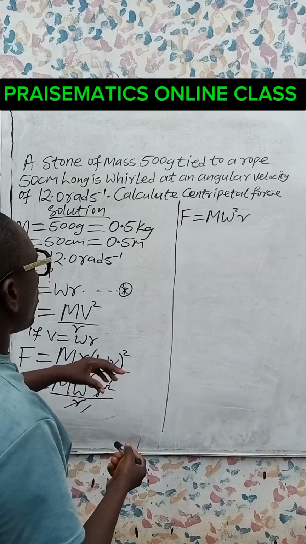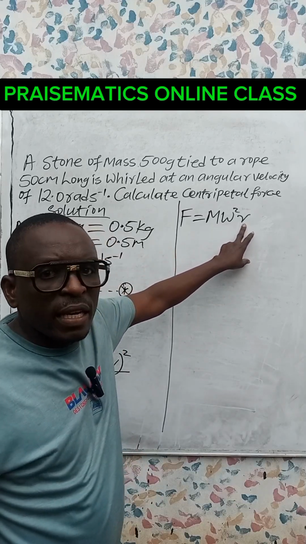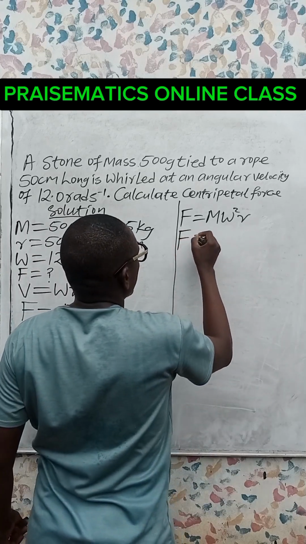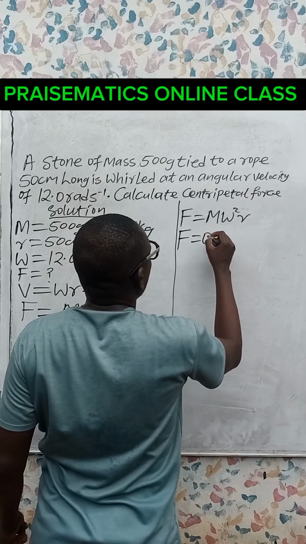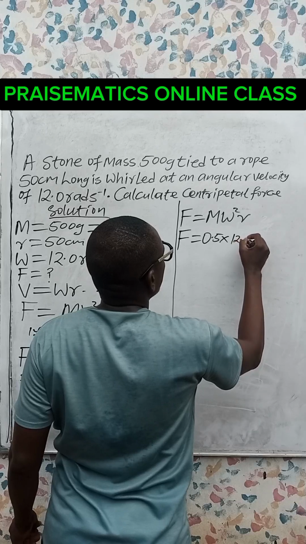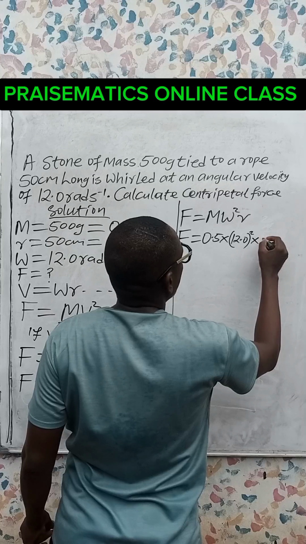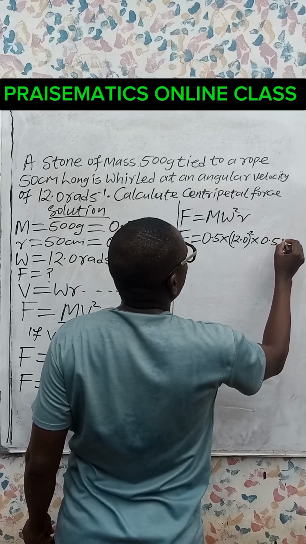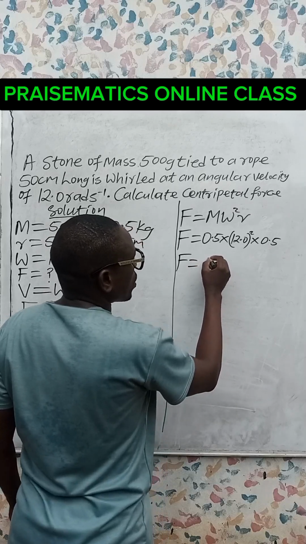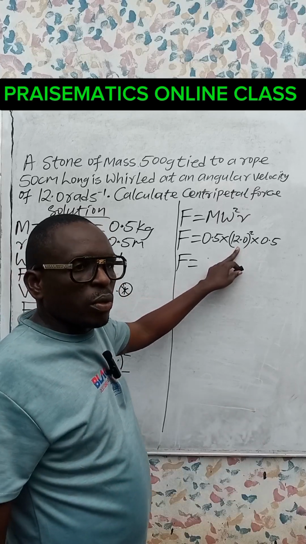Now, what are we looking for? The mass is given, the angular velocity is also given, and the radius is also given. So let's substitute. Force is equal to our mass, 0.5, multiplied by 12.0 all square, multiplied by 0.5.